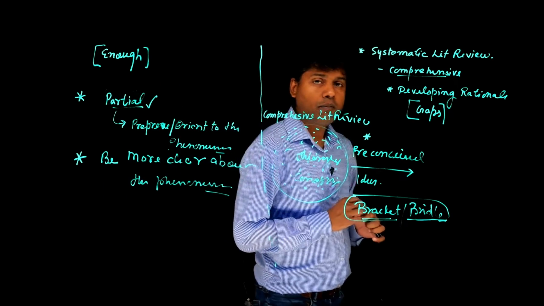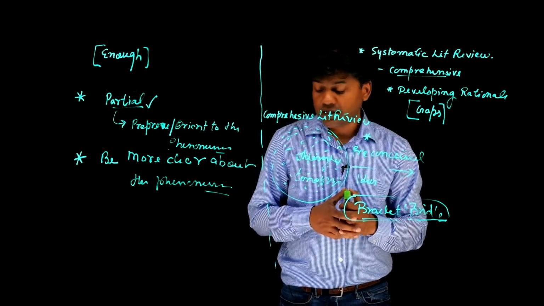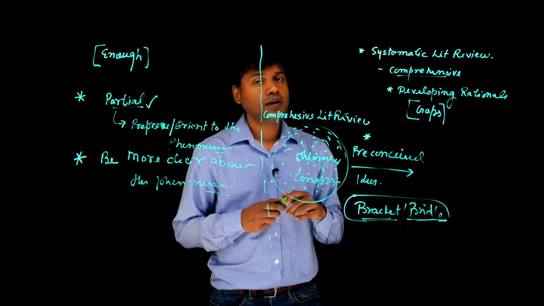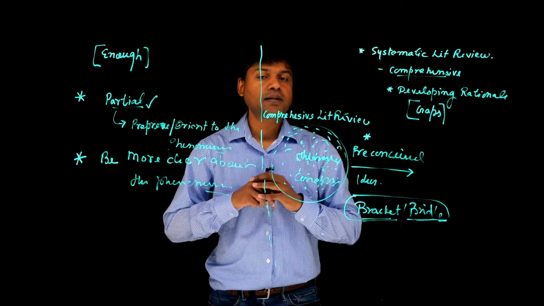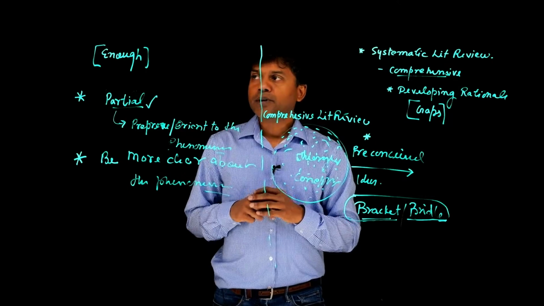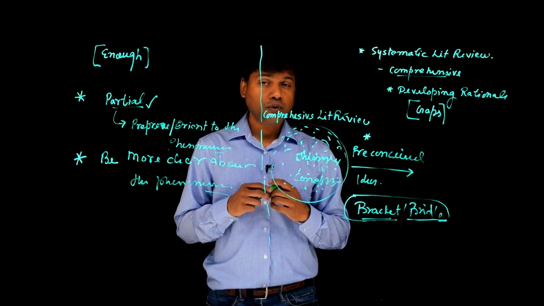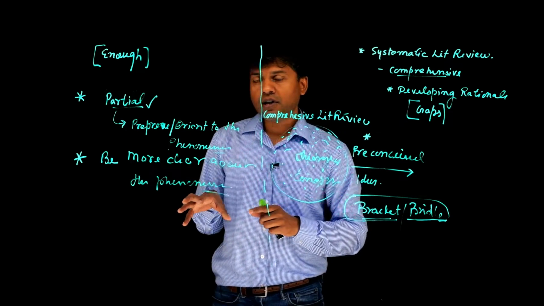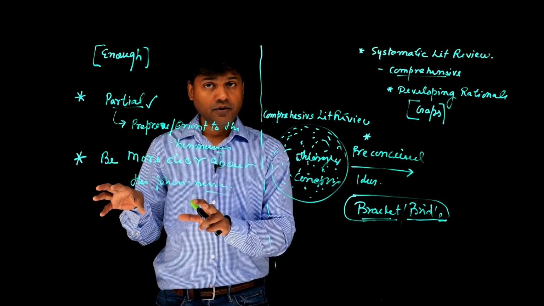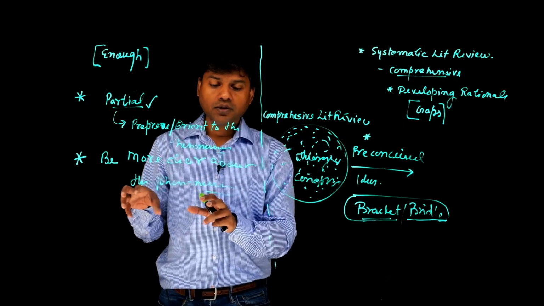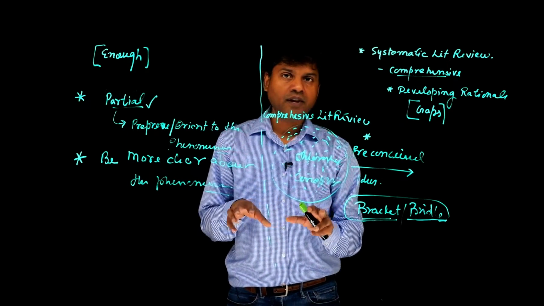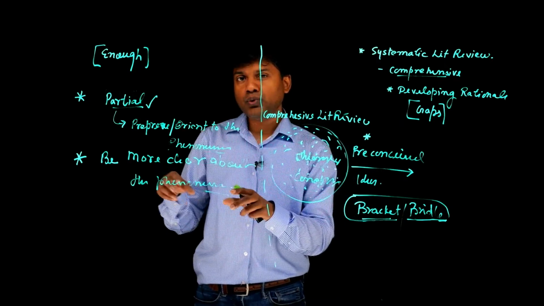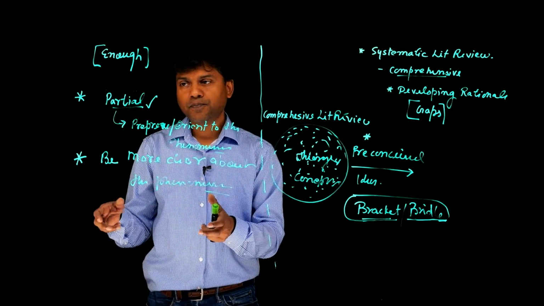So coming back to the question that we started with, how much lit review should be done in phenomenological research designs? The answer is partial literature review should be done. So what you do, you start the study with partial lit review, and once you have finished your study and analyzed your data, you come back and then you do a thorough literature review.